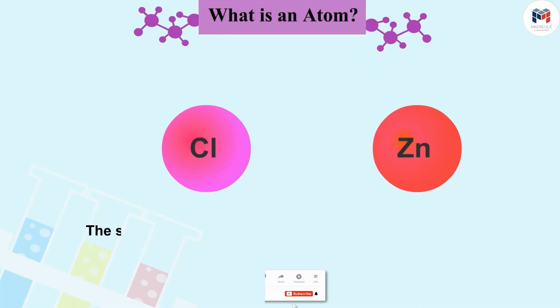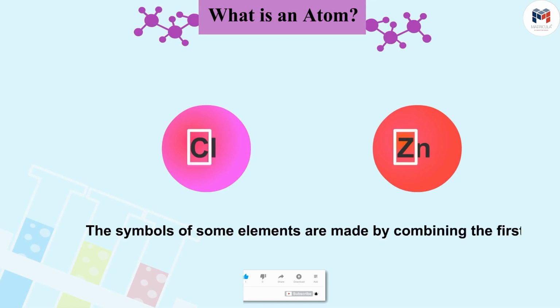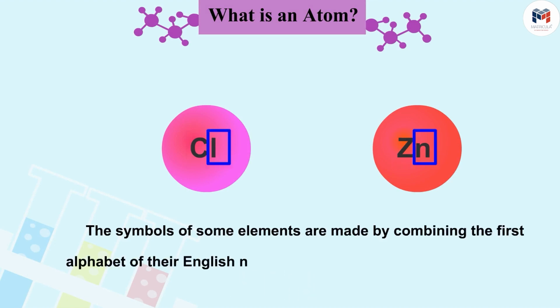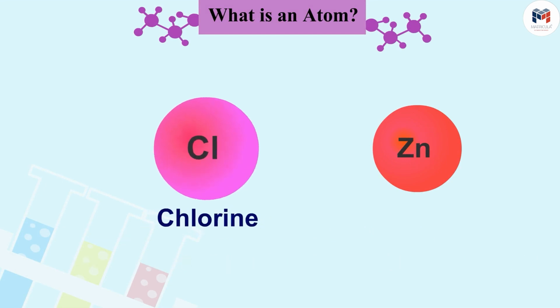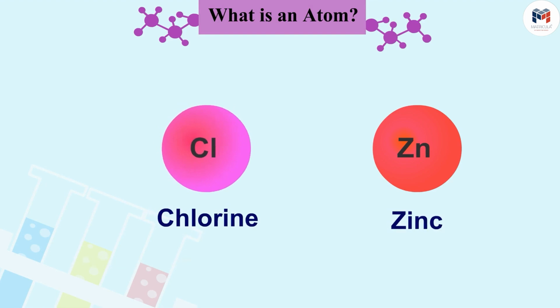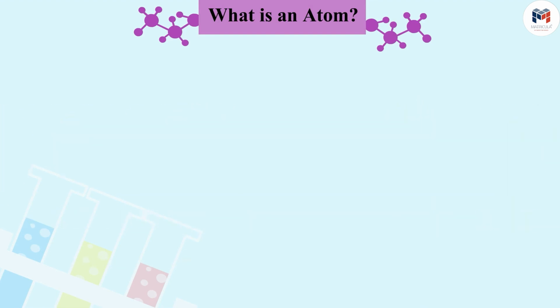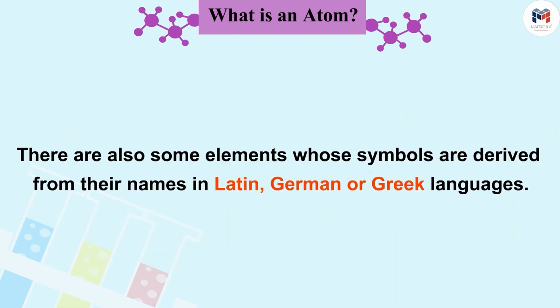Similarly, the symbols of some elements are made by combining the first alphabet of their English names and any one alphabet that comes later, such as for chlorine, Cl, for zinc, Zn, etc. There are also some elements whose symbols are derived from their names in Latin, German, or Greek languages.